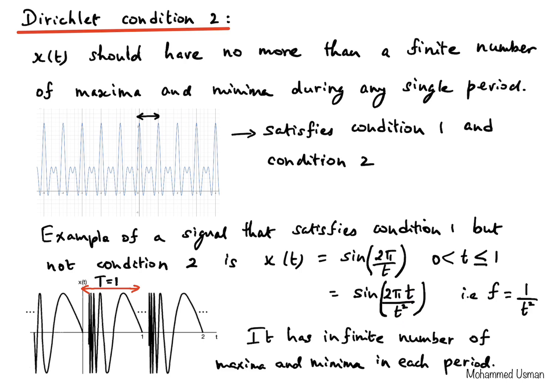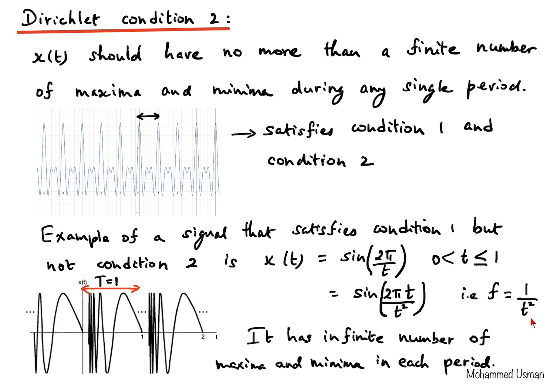So that means the f corresponds to 1 by t square. The frequency of this sine wave is 1 by t square. And that means when the time t is approaching 0, the frequency value is 1 by 0, which is infinity. That means if the frequency is infinity, as we move towards t equal to 0, it has infinite cycles in 1 second. That's what the frequency means.